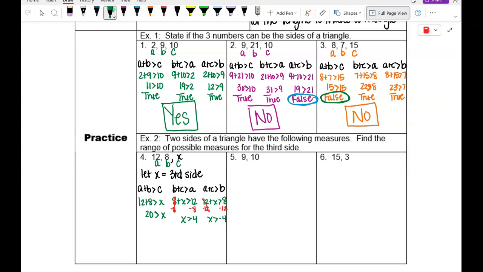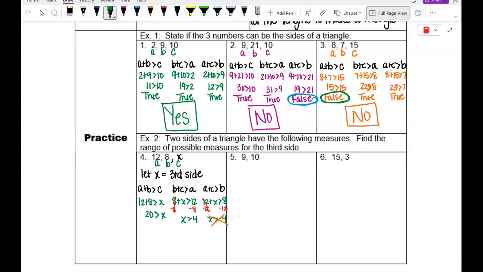The problem there is, can I have a negative side length? No. So this one here doesn't tell me anything. When you get a negative value on these, toss it out. It does not help you. Okay, because 12 was already greater than 8, that one is not going to help me.